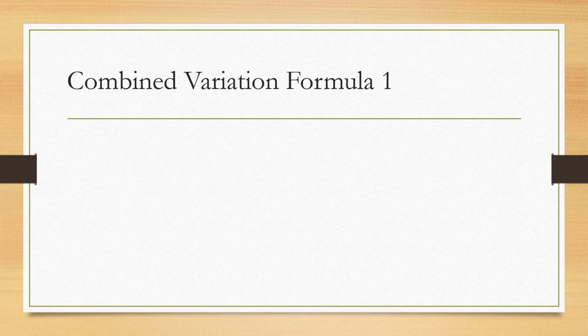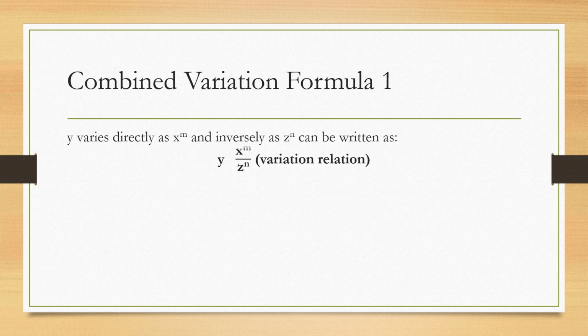Okay, combined variation formula 1. Y varies directly as x power m and inversely as z power n can be written as y varies with x power m over z power n.